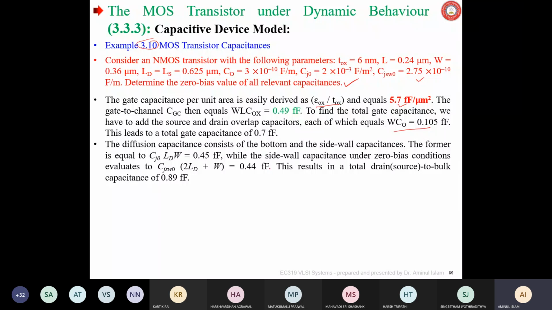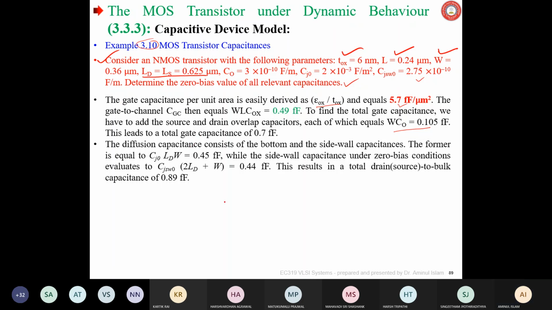Now one numerical is given in your book. Try to understand and solve it. The solution is given possibly, and you try to understand it. The oxide thickness is given as 6 nanometer, length is 0.24 micrometer, width is 0.36 micrometer. LD, LS, note down here, is given as 0.625 micrometer, larger than the channel length.